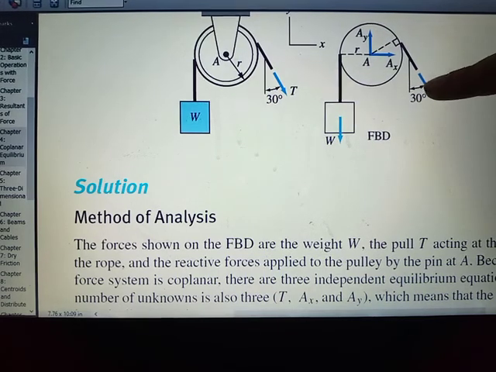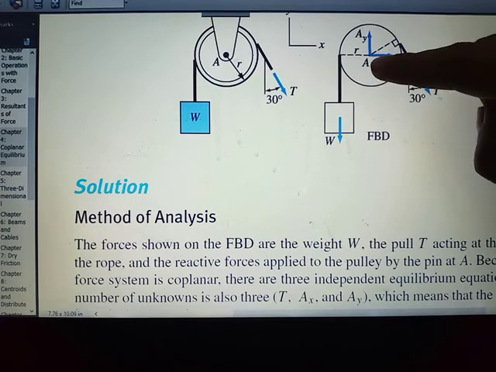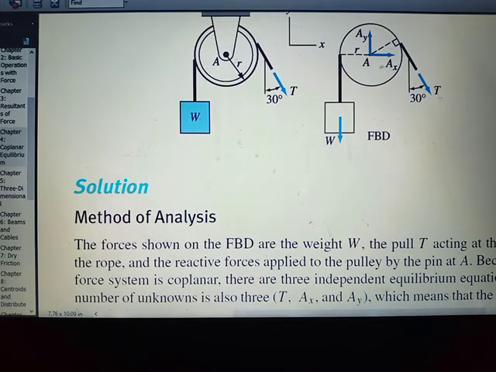T is anywhere; this is the moment arm here. The moment arm of T is R relative to A.